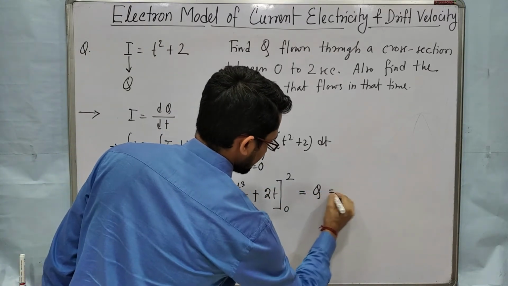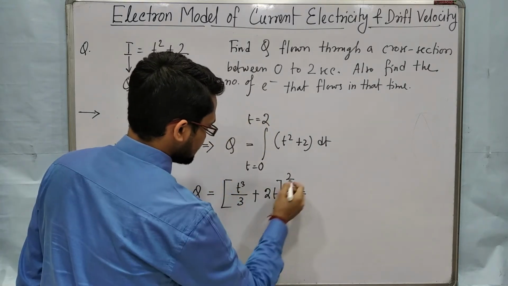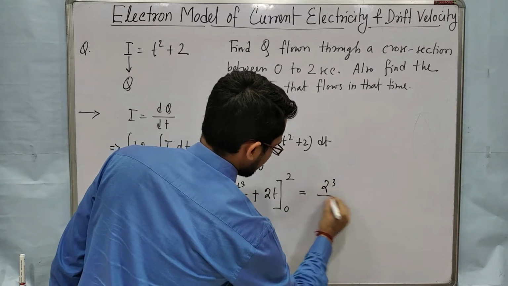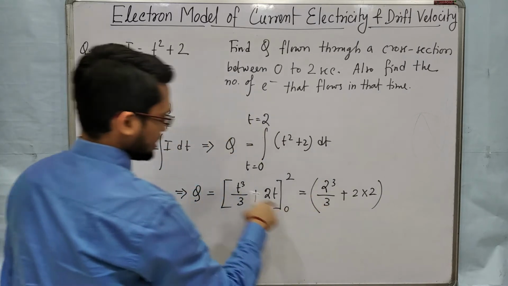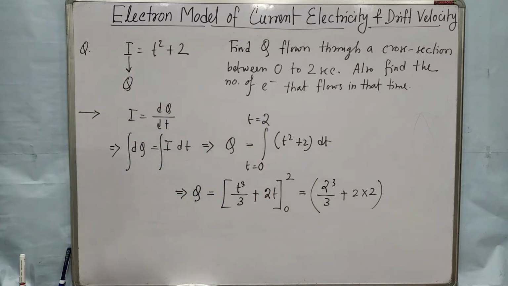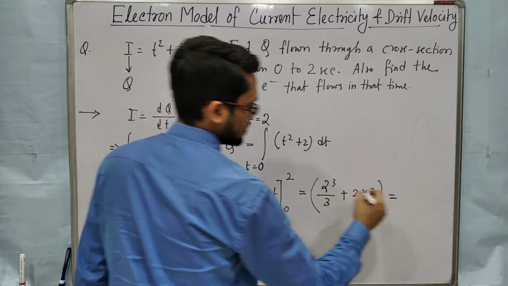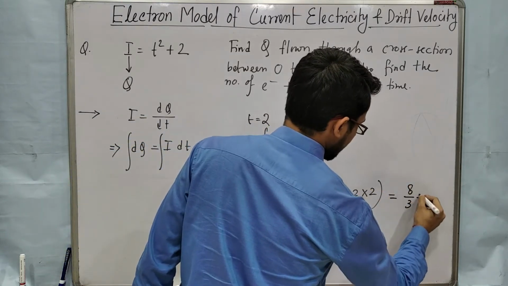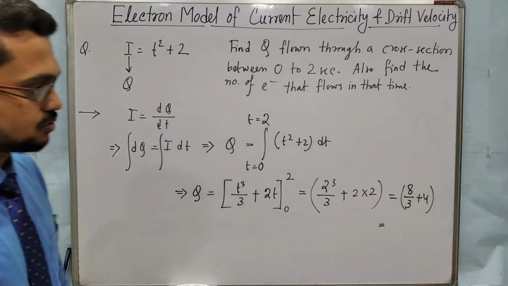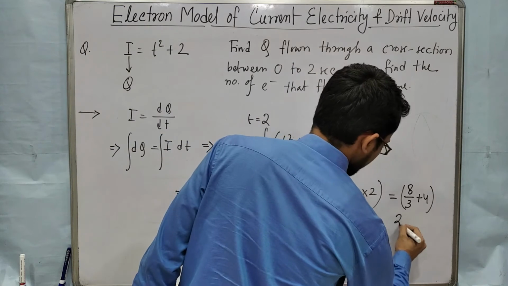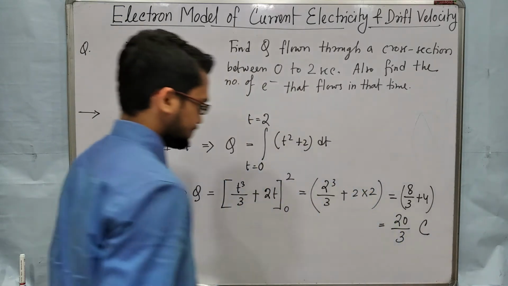You will get q equal to 2 cube by 3 plus 2 into 2, minus 0, the lower limit. So you will get 8 by 3 plus 4. That means 3 4s are 12, 12 plus 8, 20. You will get 20 by 3. This is charge, that means Coulomb.